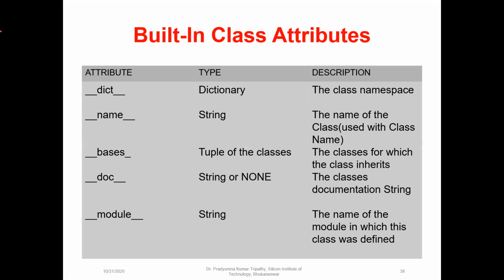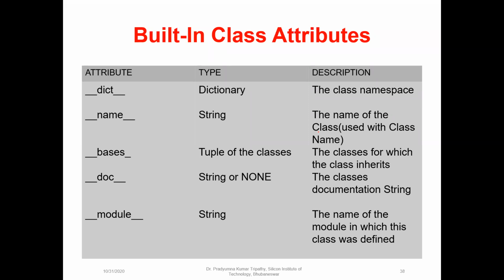There are some built-in class attributes. These can be used to print different information. For example, if I want to print the name of the class, I will use __name__. This attribute I can use with the class, so it will return the class name.